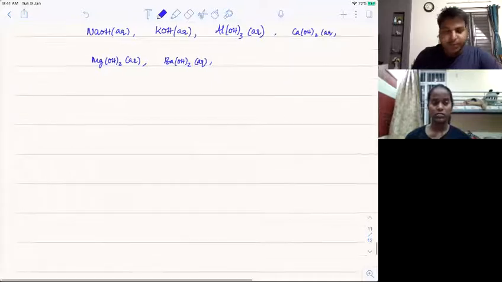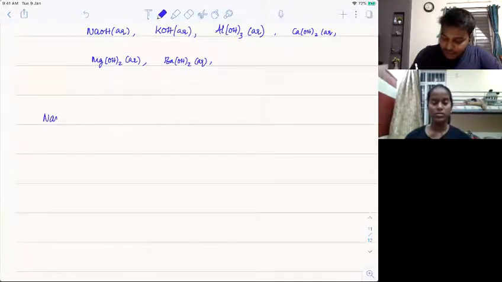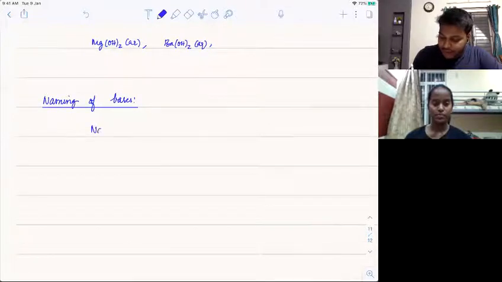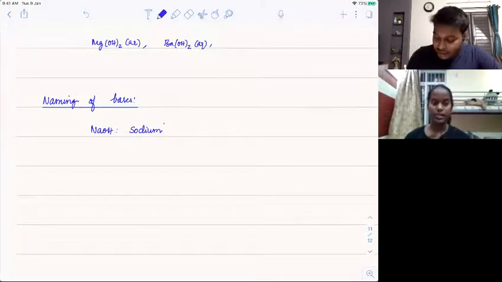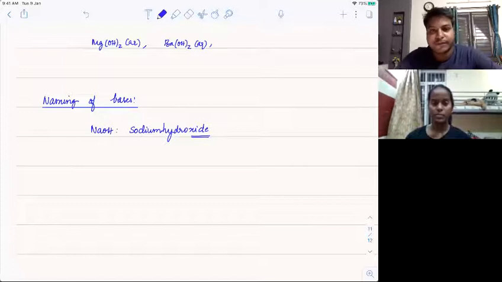How do we name the bases? Naming of bases is pretty simple actually. If you have, for instance, NaOH, the first name is definitely sodium, that is for sure. And OH is always read as hydroxide. It will be ide, always ide.